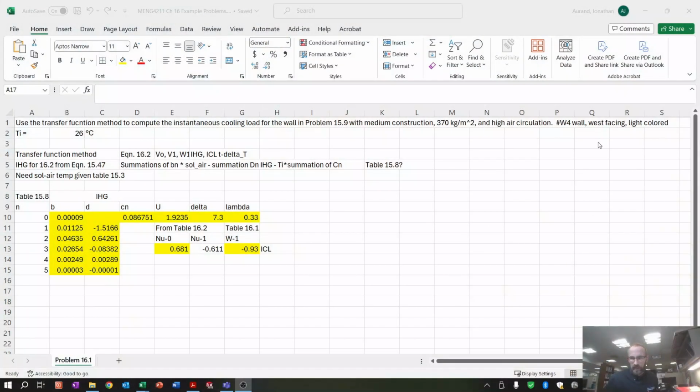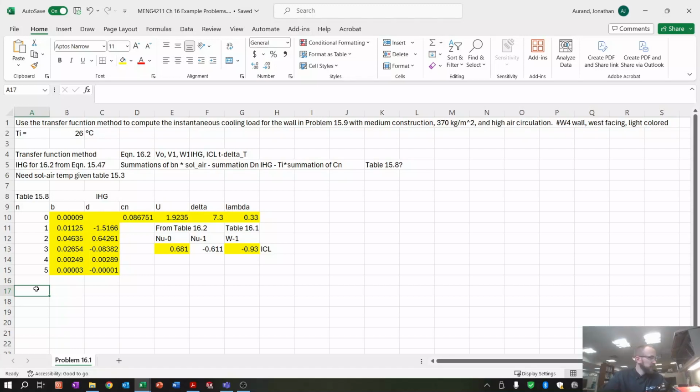We have light colored wall. It said that I think in the problem 15 description. And then we also need to look at the west facing, right? So we had the west facing, light colored, and we have this kind of trailing average business going on.